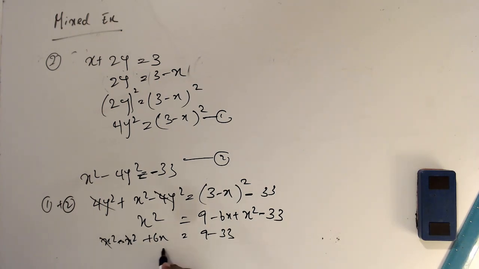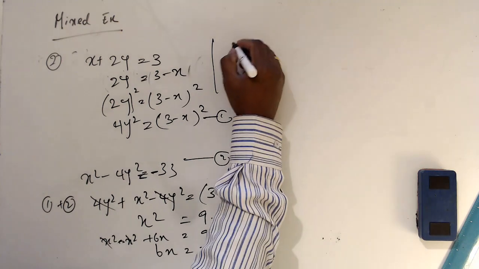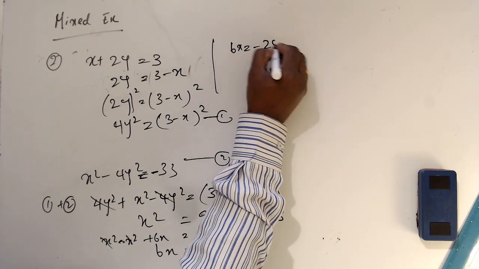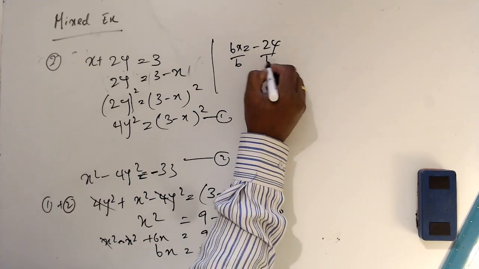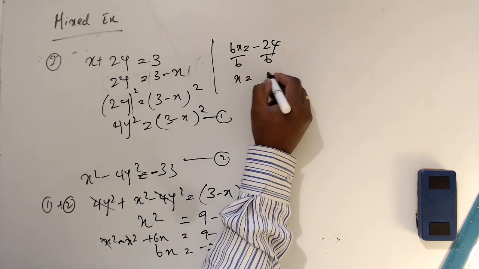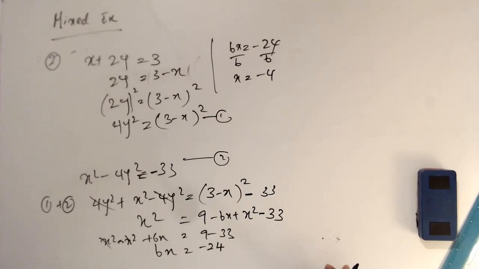The x squared cancels out. 6x equals minus 24. Dividing both sides by 6, x equals minus 4.